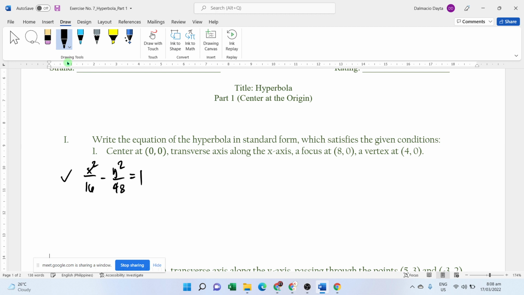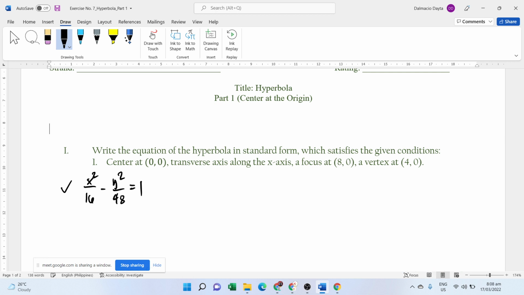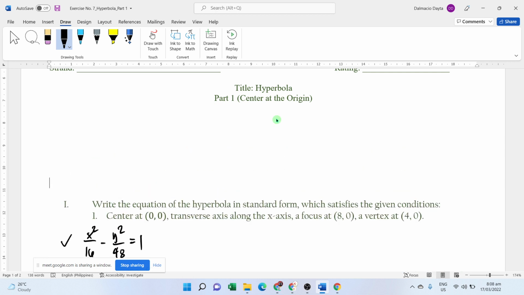Center at the origin, transverse axis along the x-axis. So we have two standard equations for the hyperbola. If in the ellipse we have a major axis and a minor axis, for the hyperbola we have the transverse axis and the conjugate axis.